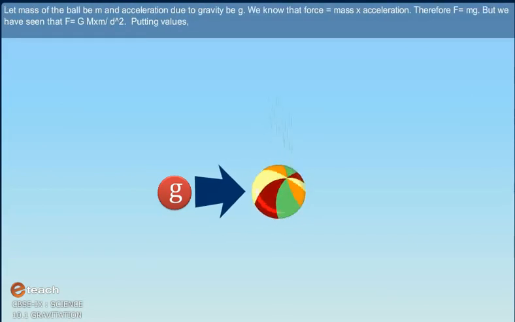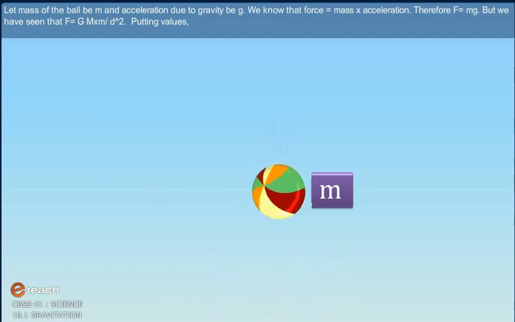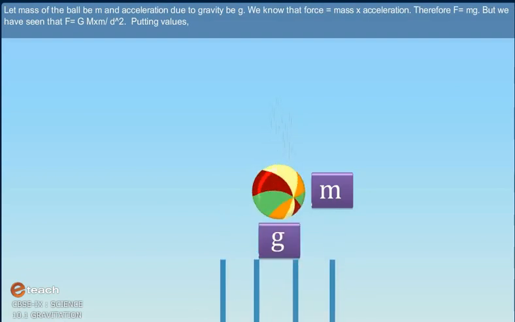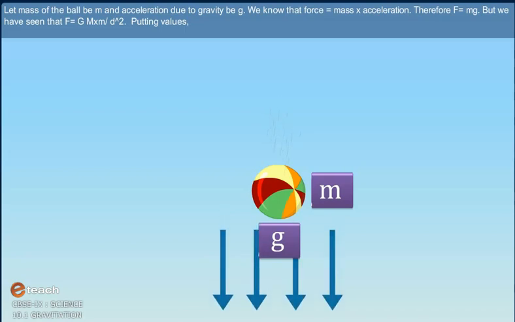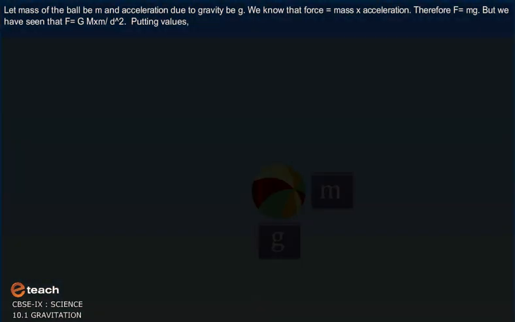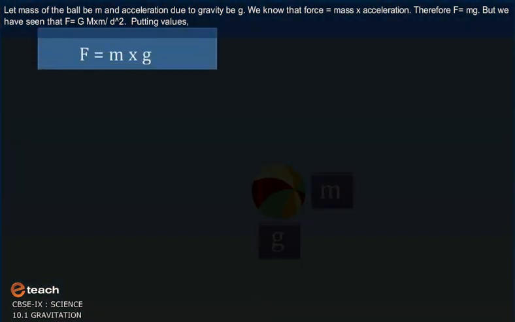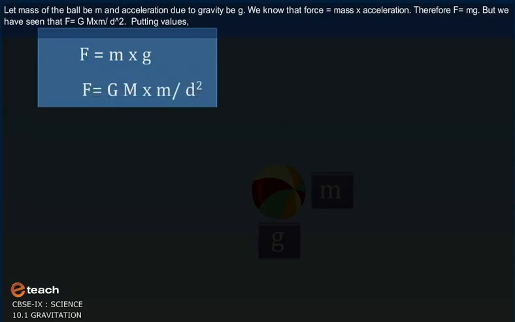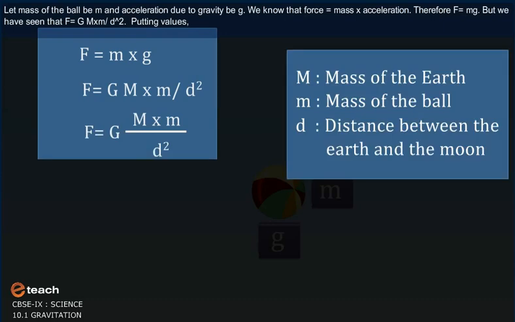Let the mass of the ball be m and acceleration due to gravity be g. We know that force is equal to mass into acceleration. Therefore, F is equal to mg. But we have seen that F is equal to G multiplied by M into m upon d square. Put the value of F equal to mg.